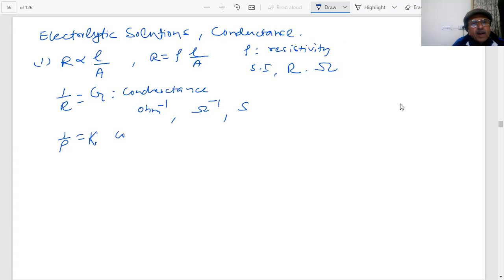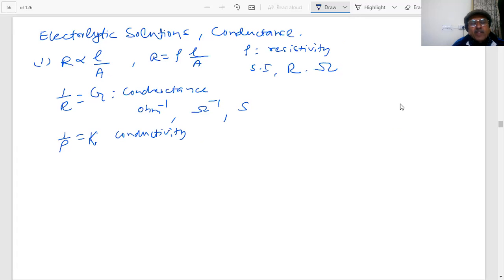We are just telling you the things which we are using, students. So what will be the units of conductivity? It is 1 by rho.